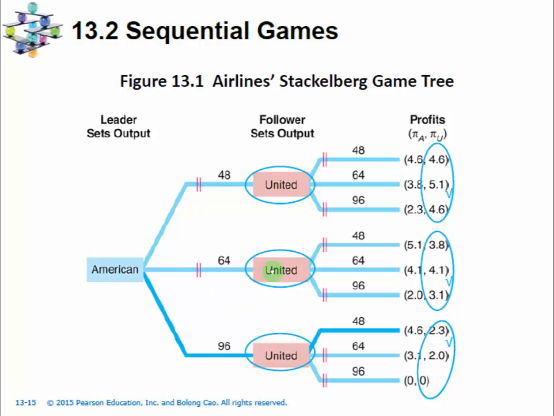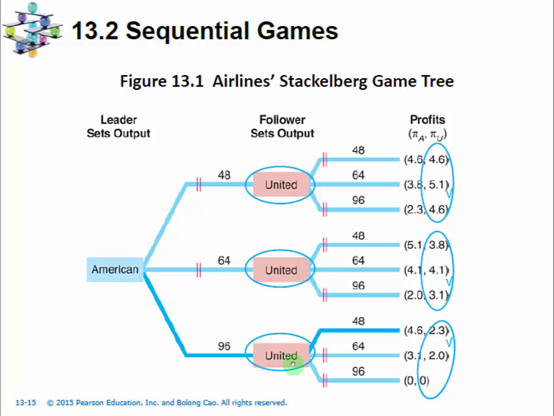However, these threats to American Airlines are empty threats, because American Airlines knows that it has the first mover advantage. It is its own place to move first. And once American has chosen 64 or 96, United won't really choose 96 as its output because it's not its best response.